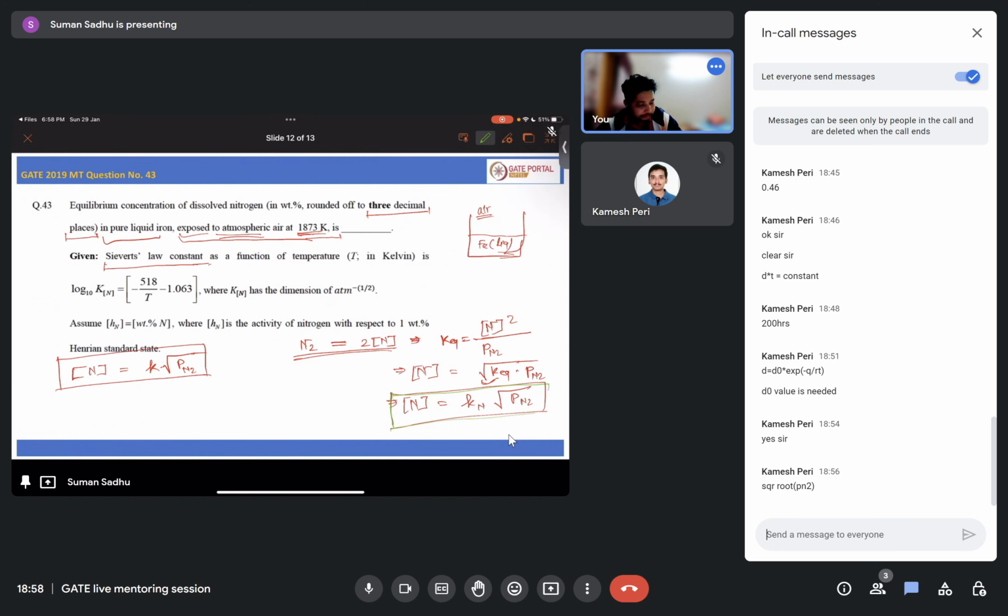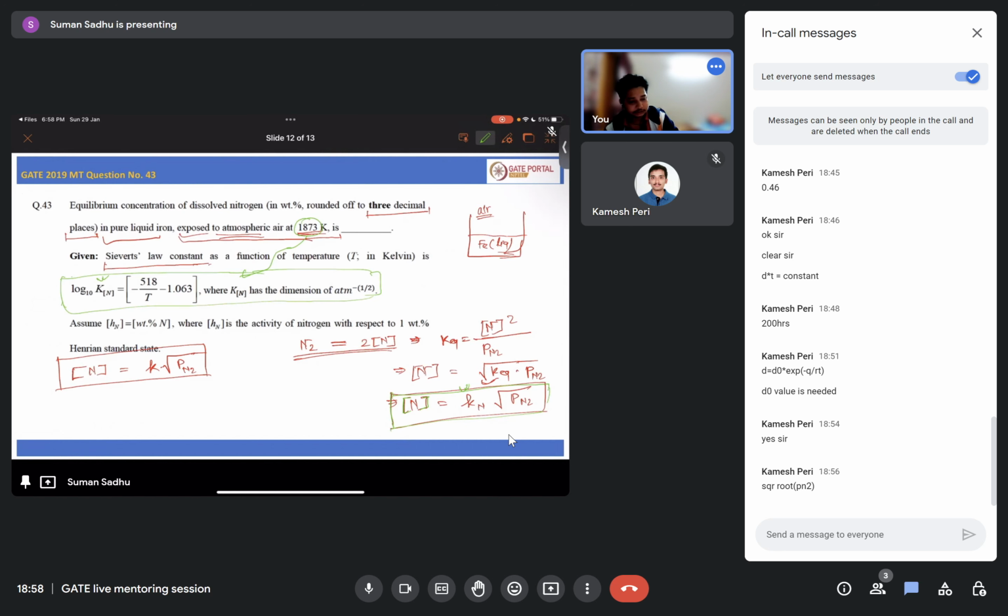Now in this case Kn is given through this reaction. Also the temperature is given, 1873. So if the temperature is given, then you can calculate the Kn. And if you can calculate the Kn, then can you calculate the dissolved concentration of N?